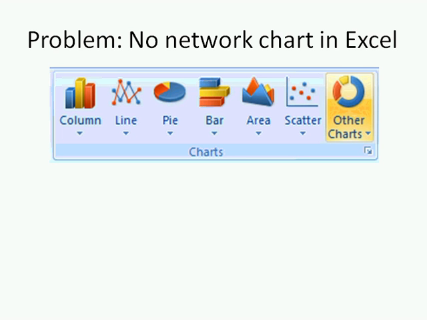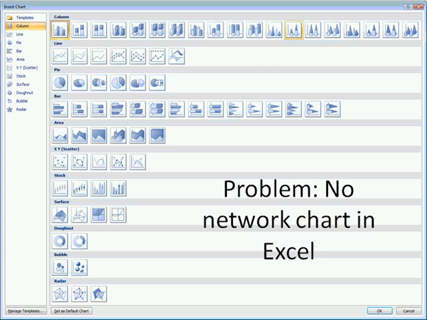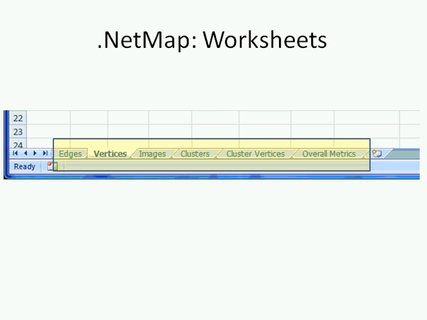While at Microsoft Research, we engaged in an exhaustive study of Excel, and we found that no network chart exists in Excel. In fact, on further research, we confirmed no network charts in Excel. There are so many charts in Excel. It took us a while to convince ourselves there are no network charts in Excel. Every other kind you can imagine, but no directed graphs. So we set out to actually build our own.